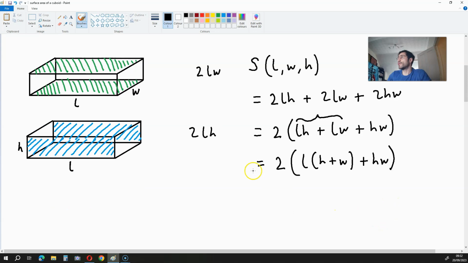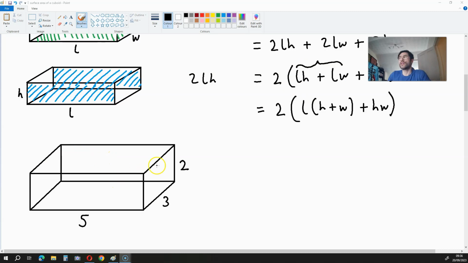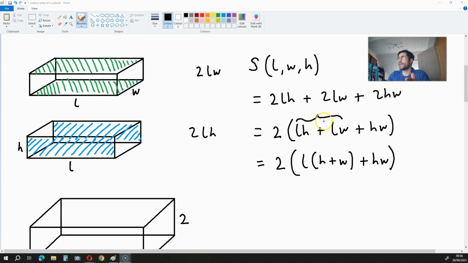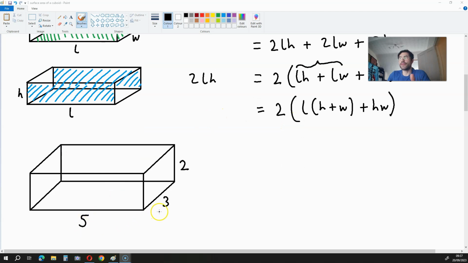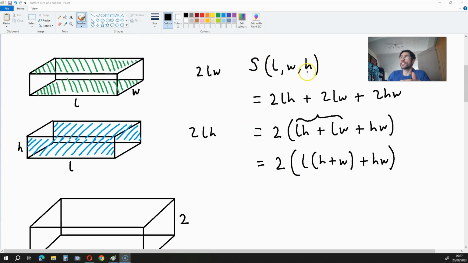Okay, and now we have the formula for the surface area of a cuboid in terms of the length, width, and height. The surface area of the cuboid is a function of the length, width, and height. Now what we're going to do is put this formula over here to the test. If the length is 5, the width is 3, and the height is 2 of a cuboid, will this function over here provide us with the correct answer?